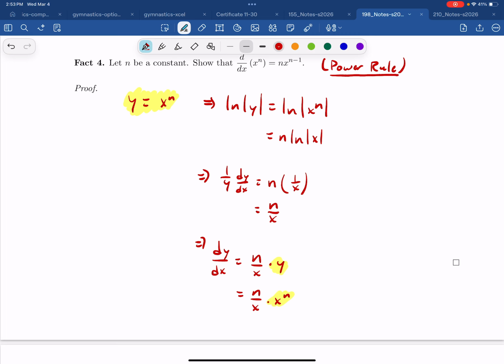And then let's simplify that one more time. And we're going to get n x to the n minus 1, right? Because n divided by x is n x to the minus 1. So sure enough, the power rule works for all values of n, whether it's an integer, or fraction, or just a non-repeating decimal. It always works. Pretty cool, huh?